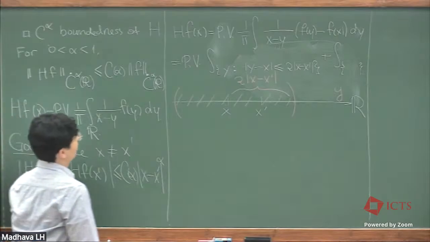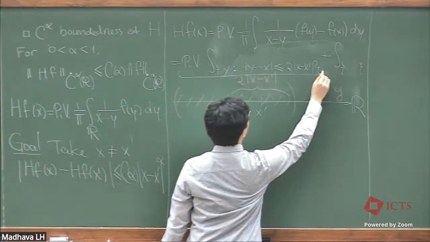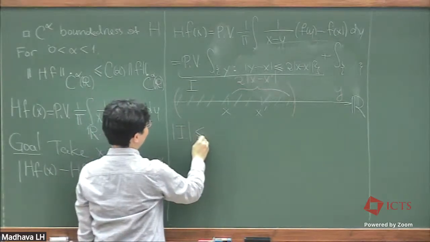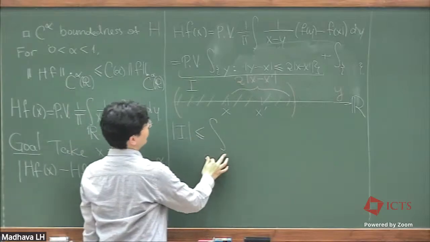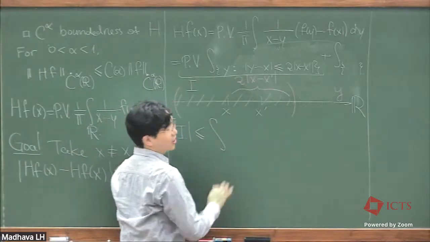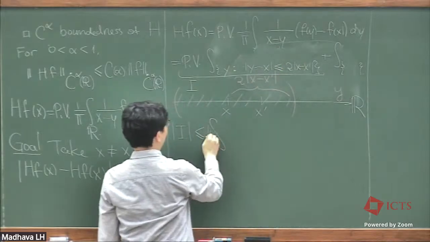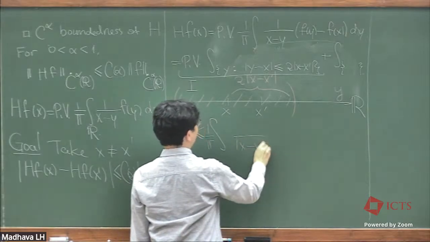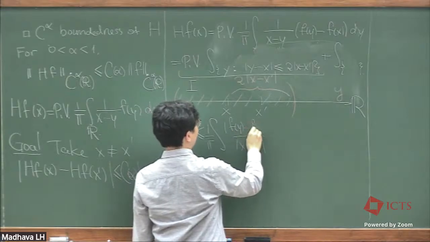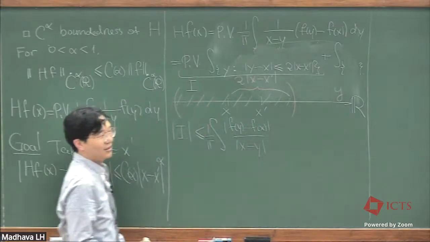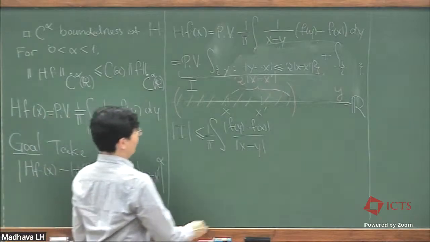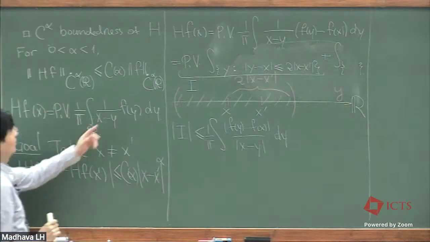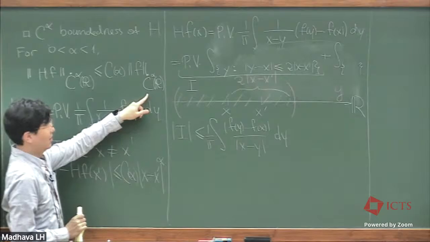So let me call this I. Then the absolute value of I is bounded by the integral in this small interval, and you just take absolute values inside the integral. So this is easy, dy. And we use the only information that we have, which is that f is C alpha.